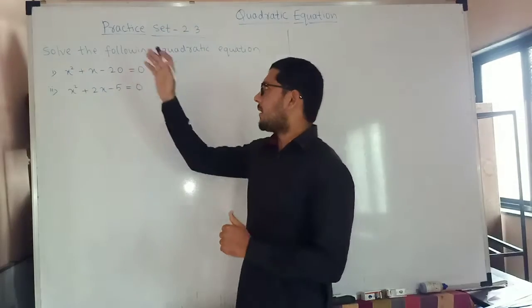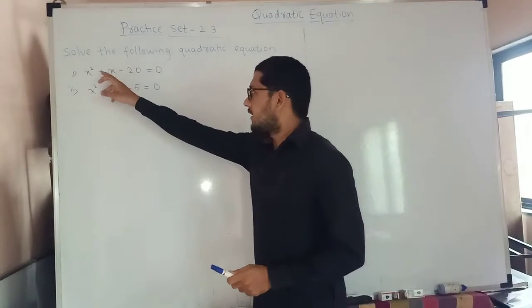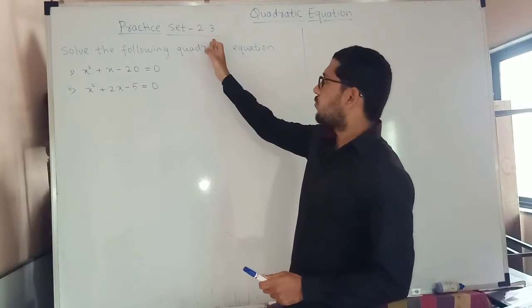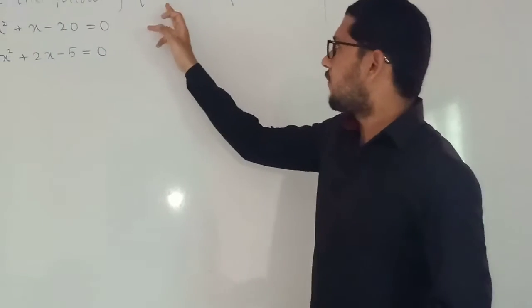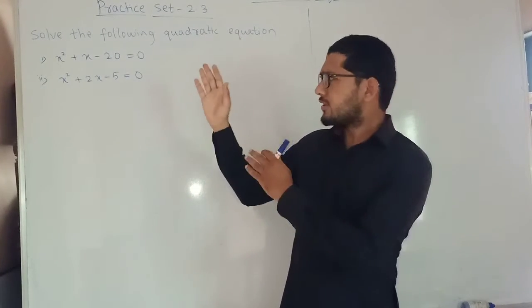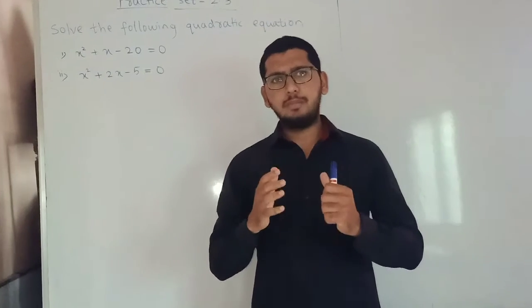Before going to this example, here I have given two equations, and in practice set 2.3 we have to solve the following quadratic equations. So before going to this example, first we need to learn the formula.